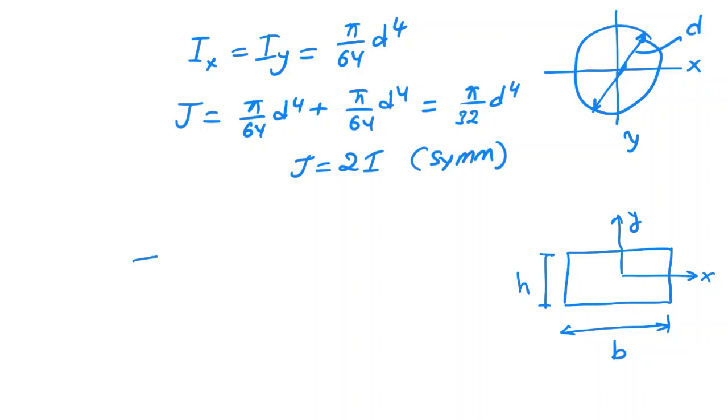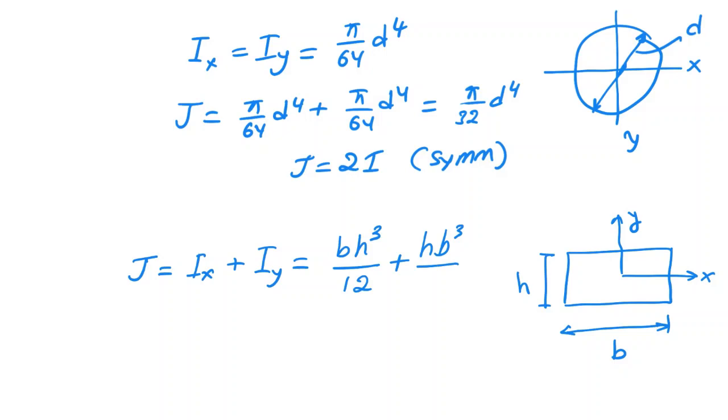J for this cross section, which is equal to Ix plus Iy, is equal to bh cubed divided by 12 plus h b cubed divided by 12. So you will end up with bh divided by 12 multiplied by b squared plus h squared.